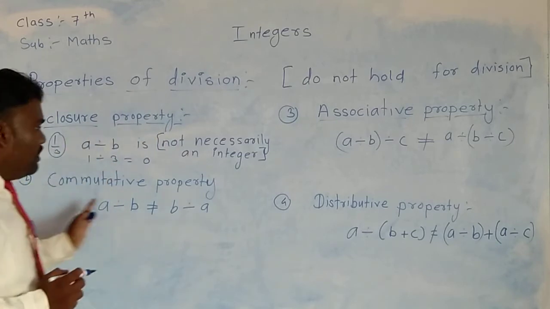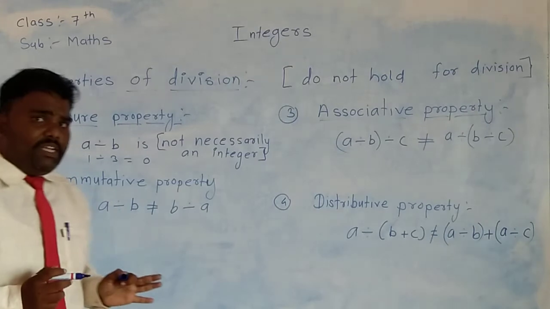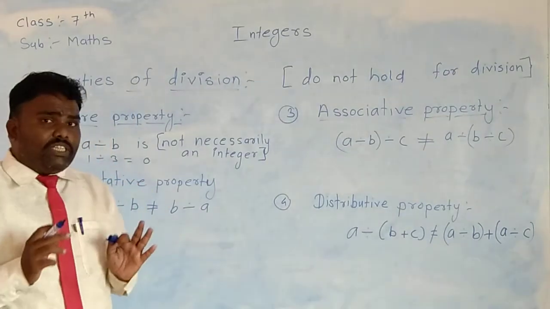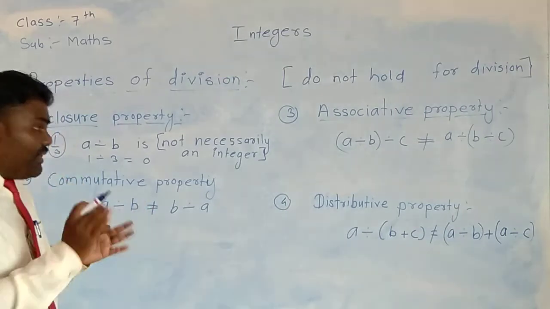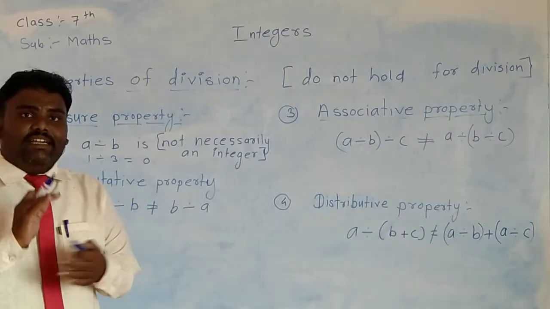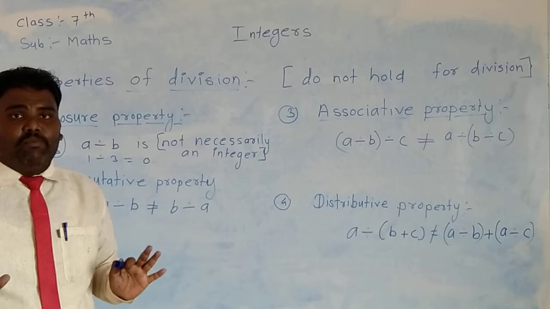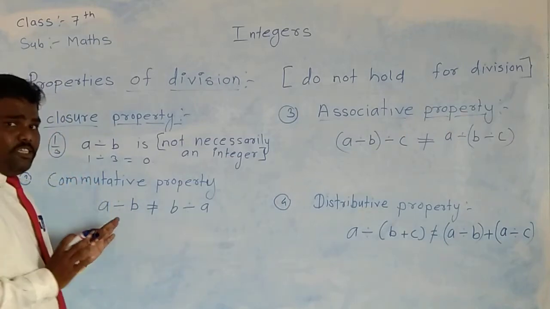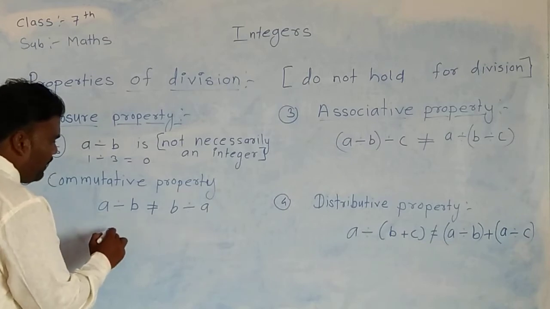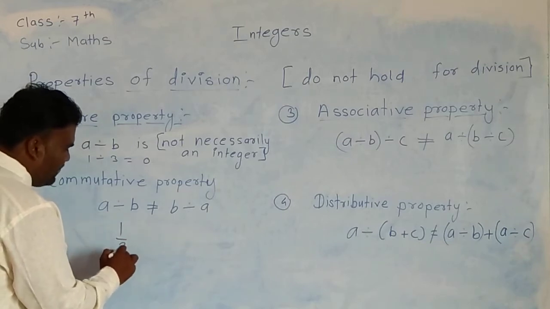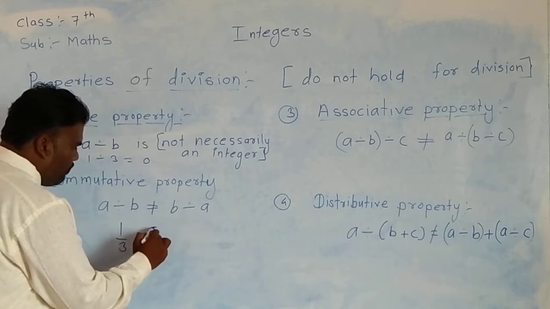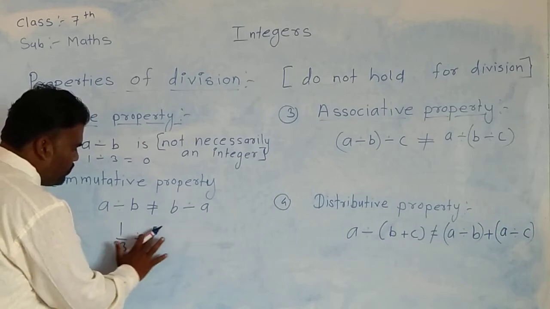So let's talk about the commutative property. In the commutative property, we say that if we reverse the digits, then the division must be the same. So does it happen? Is it possible here? For example, I will write here 1 divided by 3, and 3 divided by 1.